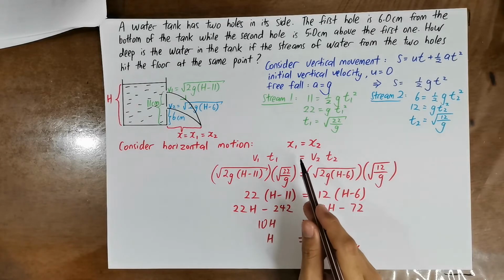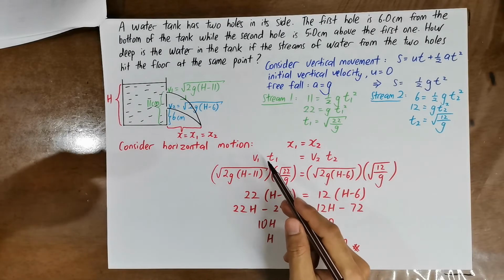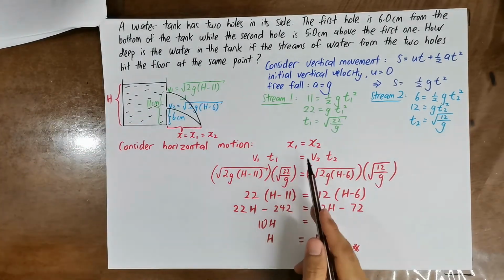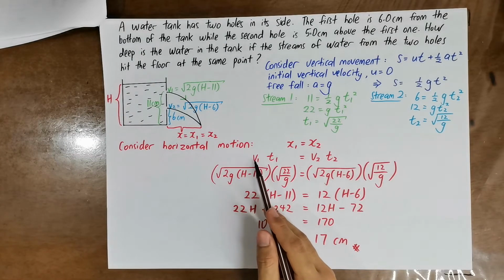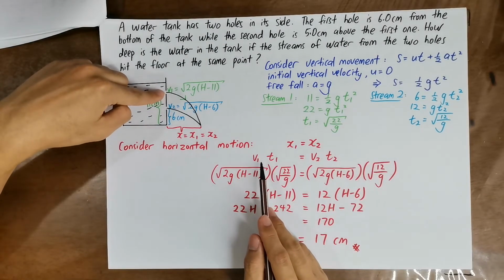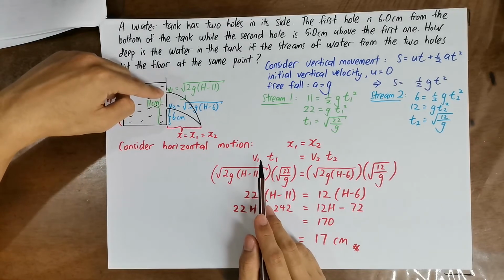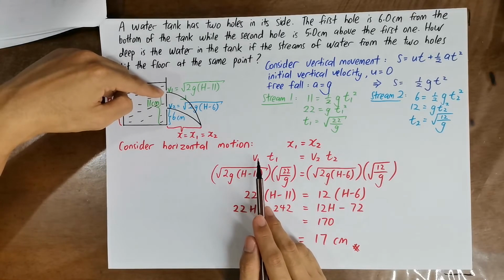When you consider horizontal motion, they are moving at a constant velocity. The horizontal velocity of the stream is v1, and v1 is a constant throughout the journey.